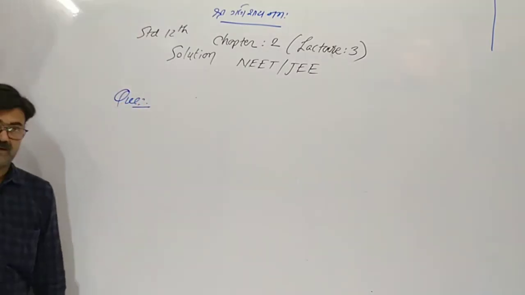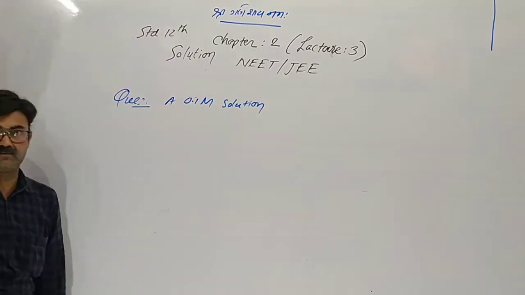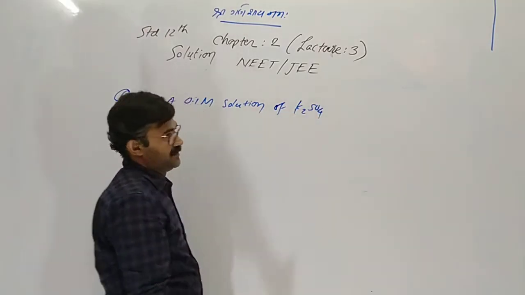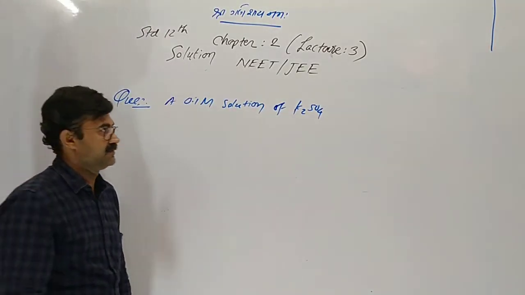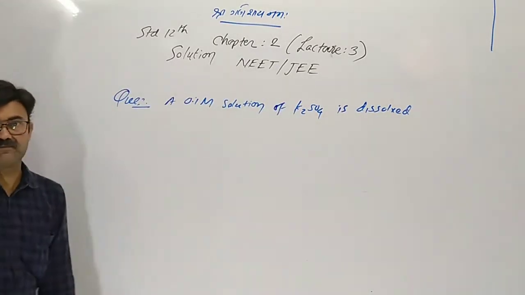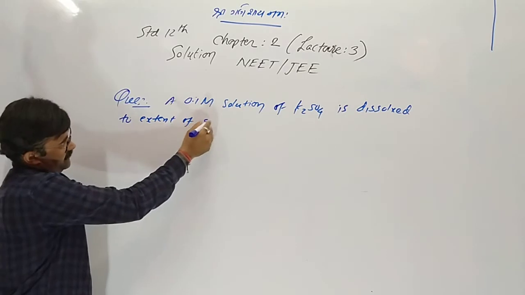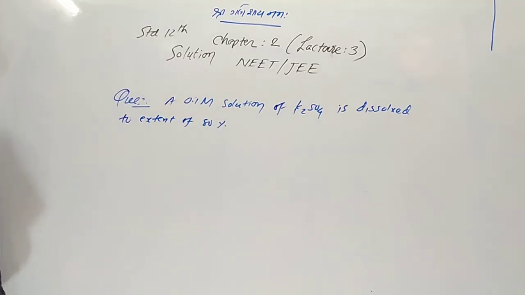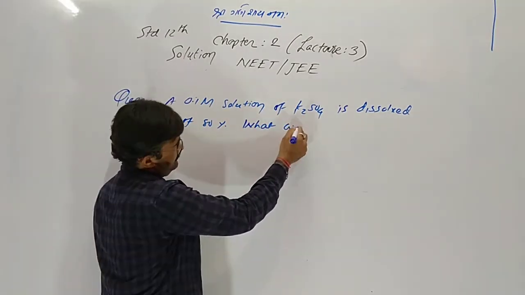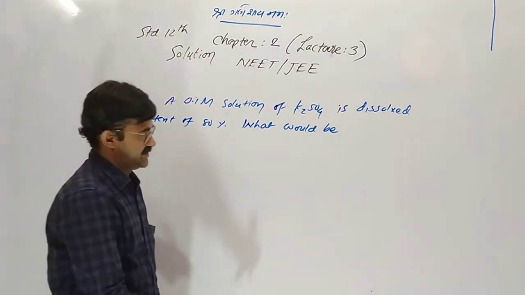A 0.1 molarity solution of potassium sulfate, K2SO4, is dissolved to the extent of 80%. What would be its osmotic pressure?